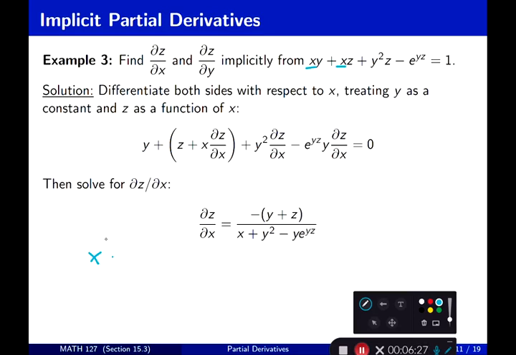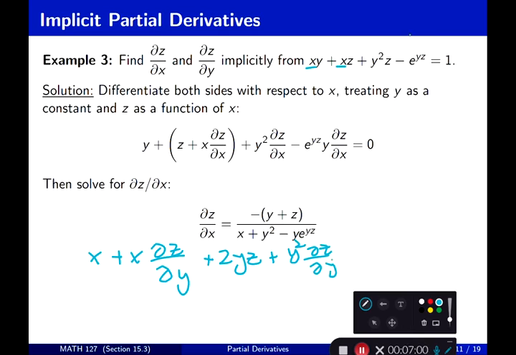And the derivative of x times z is x times partial of z with respect to y. The derivative of y squared times z is a product rule. The derivative of y squared is 2y times z, plus y squared times partial of z with respect to y.